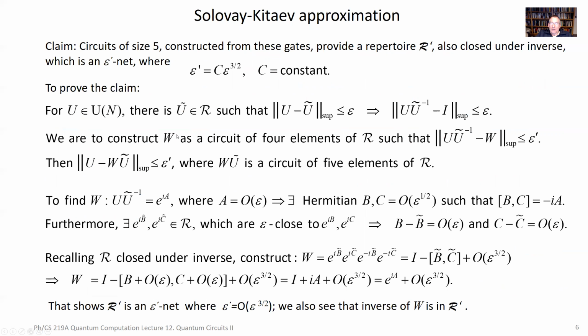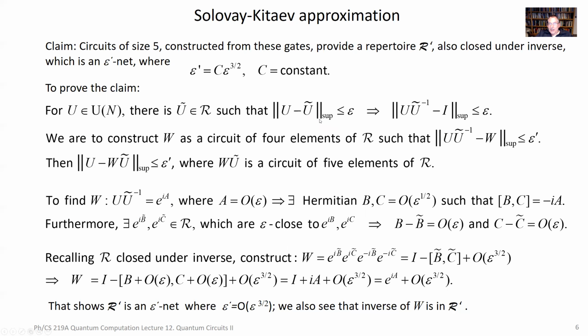Well, first of all, because we have an epsilon net to start with, there will be some element of our repertoire which is epsilon close to the target unitary in the sup norm. That's the norm I'm going to consider. We've seen that it's a useful norm for considering the accuracy of unitary gates in our previous discussion of how errors accumulate.